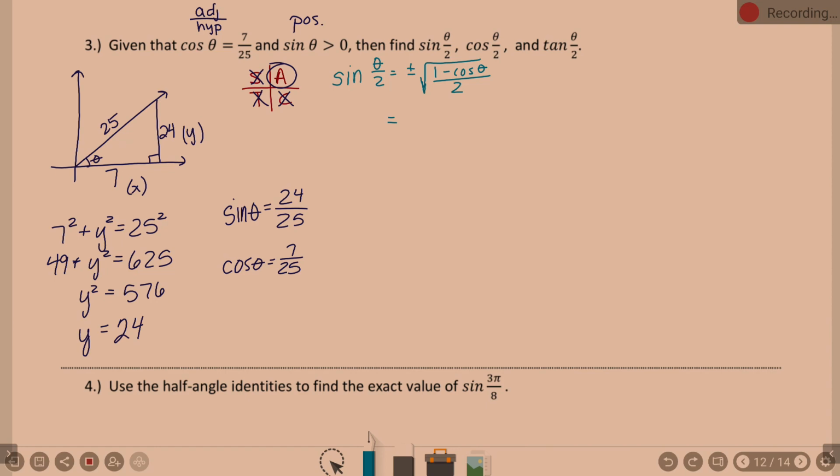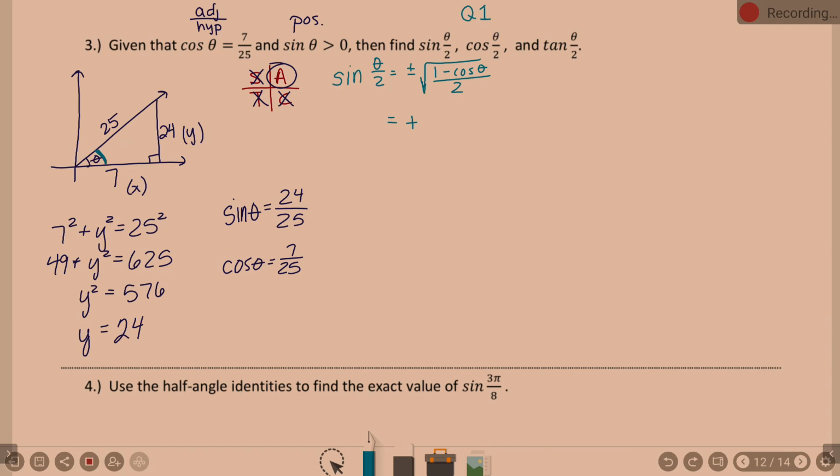Okay, we're trying to find sine of theta over 2. Theta, if you recall, is this angle here. If you take this angle here and you divide it by 2, what quadrant are we still going to have to be in? We're in quadrant 1 right now. You take that and divide it by 2, well, we're still going to be in quadrant 1. So we can decide that these are going to be quadrant 1 answers, which means we're going to have a positive answer here.